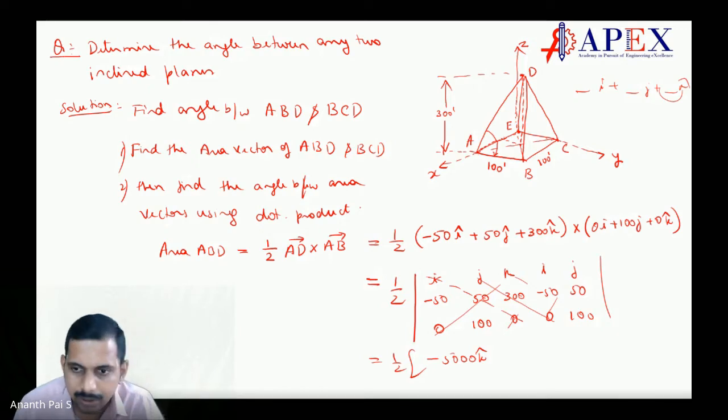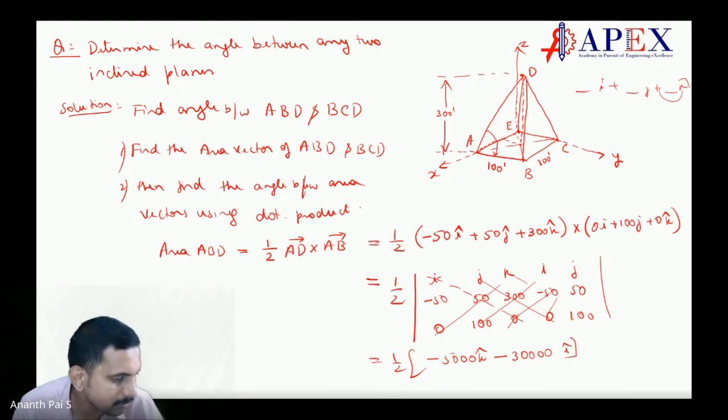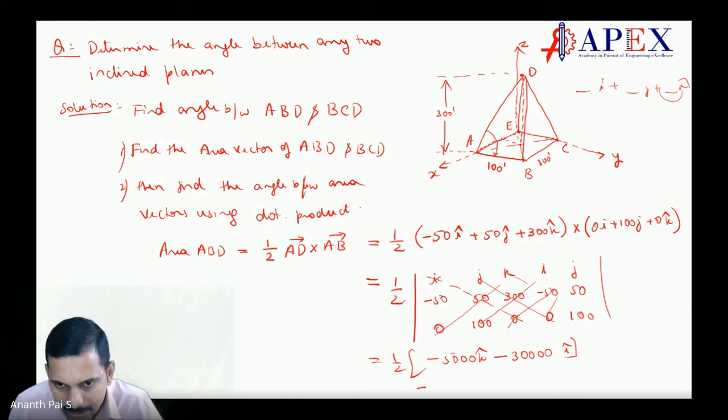Okay, then we have on this side 50, 0, i, 300 into 1000, so it is minus 300 into 100, right? So we get this as i. Correct? You get the same thing? Do you get this? Yes, sir. I got the same thing.